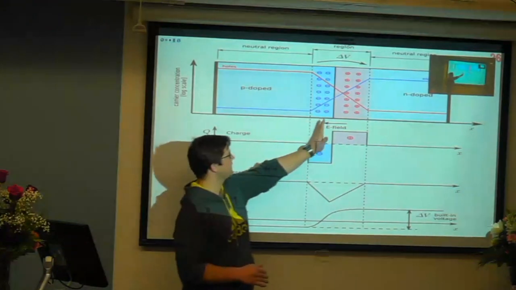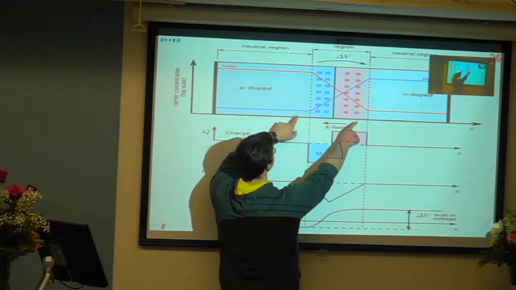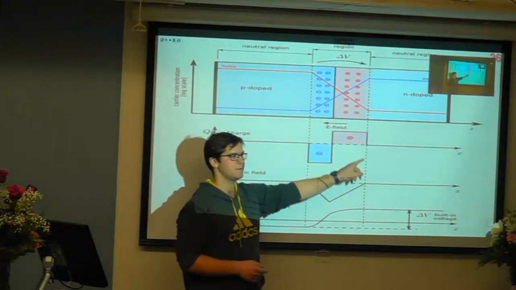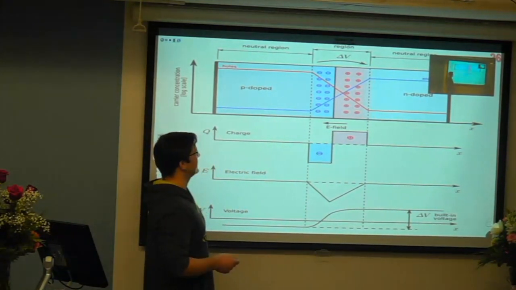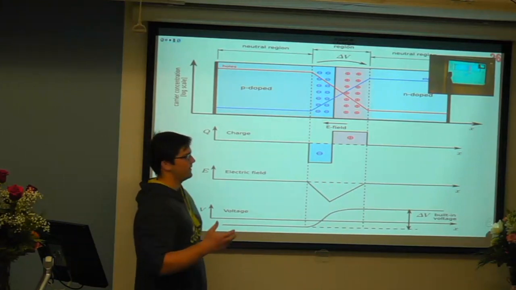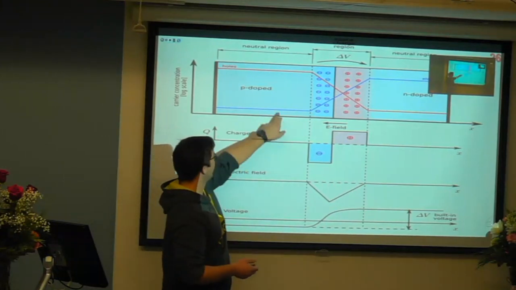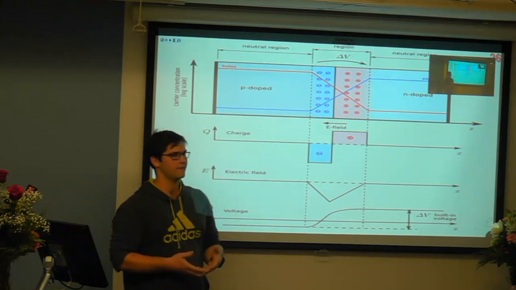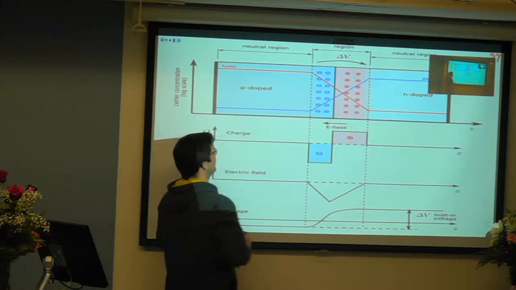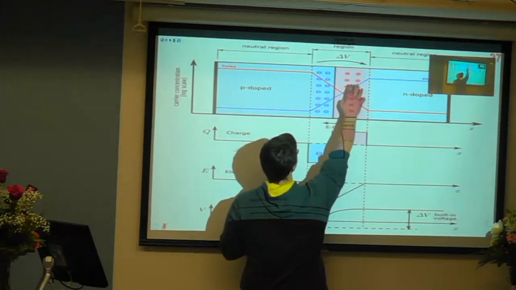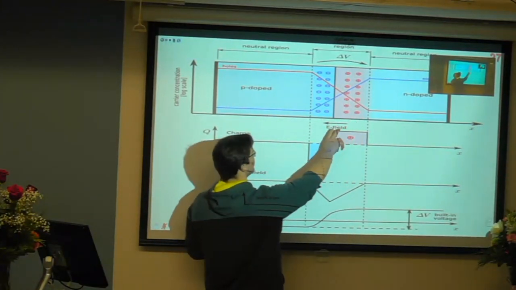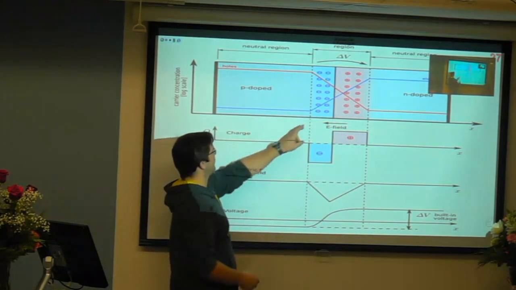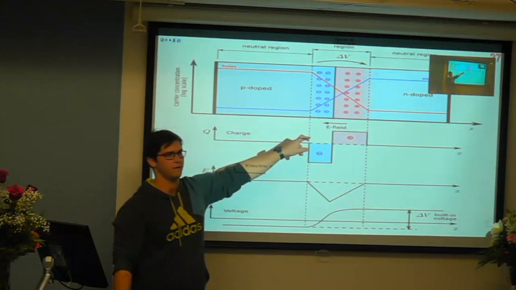On the boundary between the two different semiconductors, your n-doped, negatively doped semiconductor has an excess of electrons in it, and your positively doped one has a lack of electrons, so it's got a bunch of holes. At this barrier, there's a certain distance where these electrons are going to disperse over and fill the holes in the positively doped semiconductor.